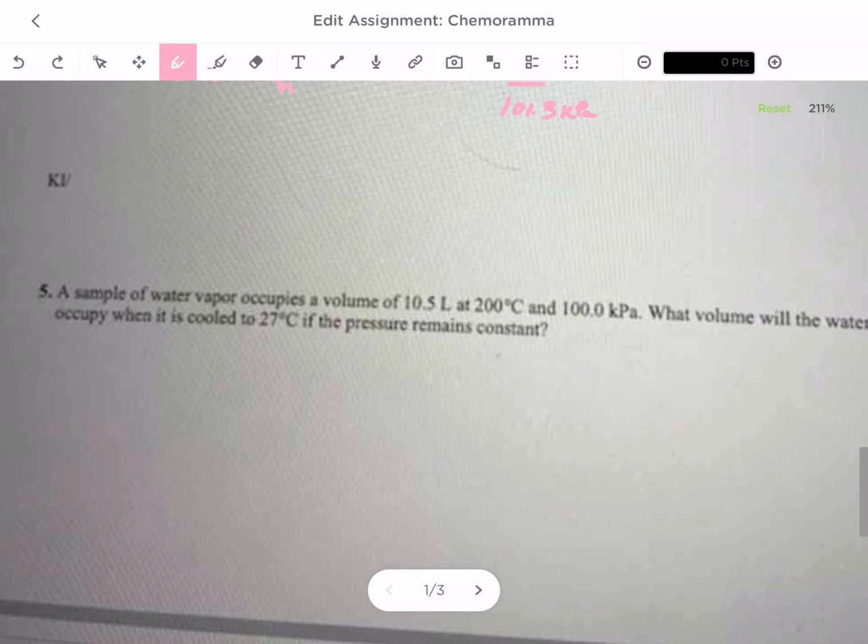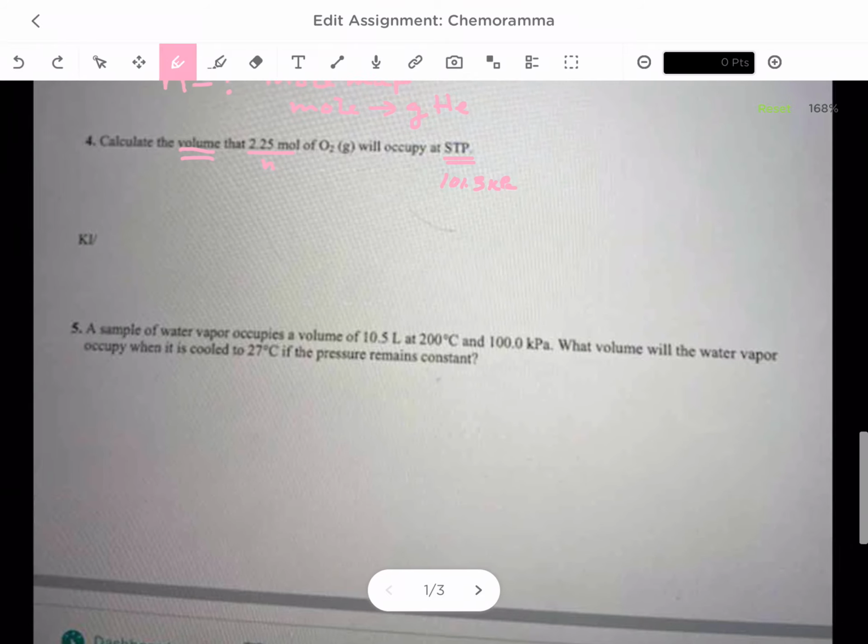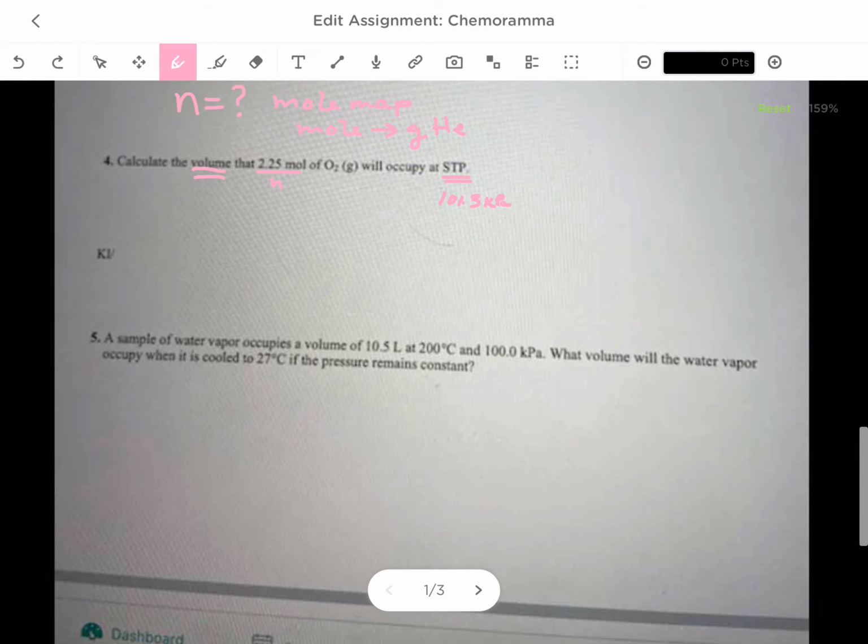I'm just reading it again. Give me 1 second. I didn't read them ahead of time. I just read number 1 ahead of time. A sample of water vapor occupies. So we have a volume, a temperature, and a pressure. What volume will the water vapor occupy when it's cooled? Here's a temperature, and the pressure remains constant. So there's a pressure.